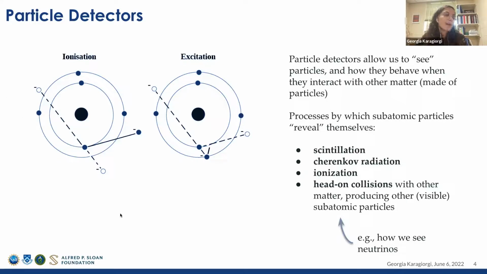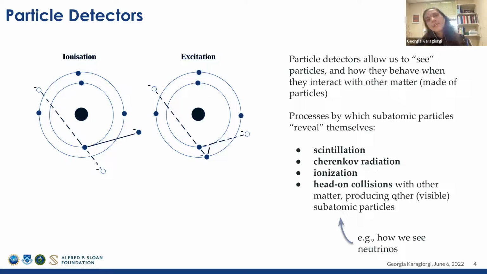And other times, the way that we can infer that a particle has traveled through our detector is by observing the aftermath of its head-on and typically very energetic collision with other matter, which in turn can produce other visible subatomic particles, which are visible in our detectors through these processes again: ionization, excitation, or Cherenkov radiation.